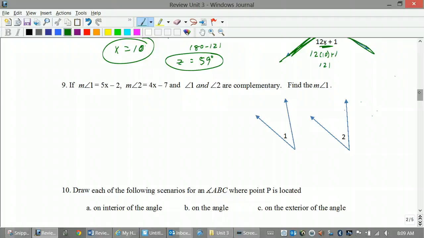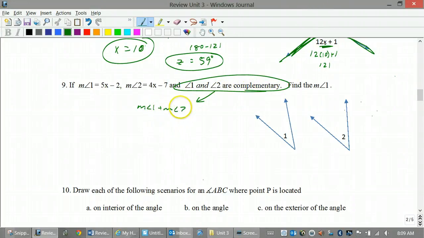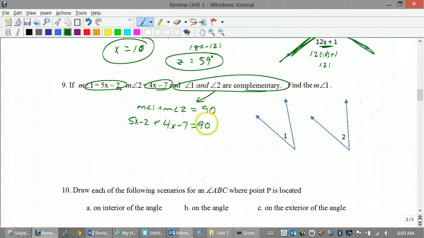Anyways, let's keep going. These two are complementary, we're saying. So if we read it, it says 1 and 2 are complementary. Straight from the words into symbols, we can say that measure of angle 1 plus measure of angle 2 equals 90, because that's what complementary means: two angles whose sum of their degrees is 90. So we stick this in there for angle 1, and this in there for angle 2, and we can crank that out and find out what x is.